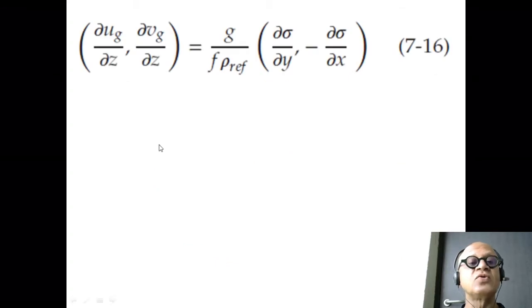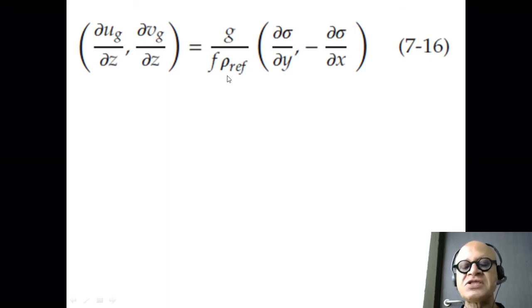Okay, so let's write du_g/dz and dv_g/dz, because we are looking for this vertical distribution of winds and trying to explain them in terms of the sloping surfaces. So that gives us g over f rho.